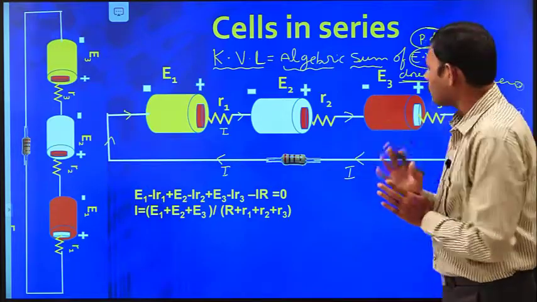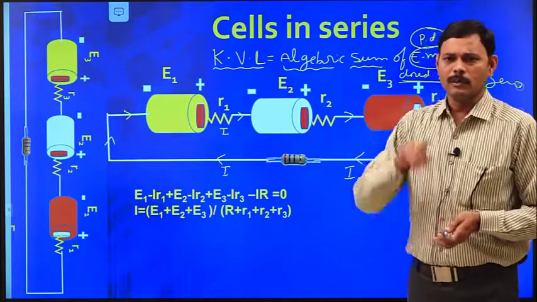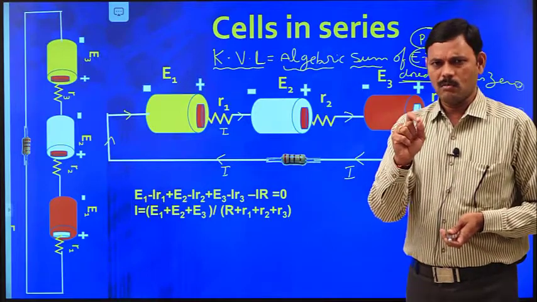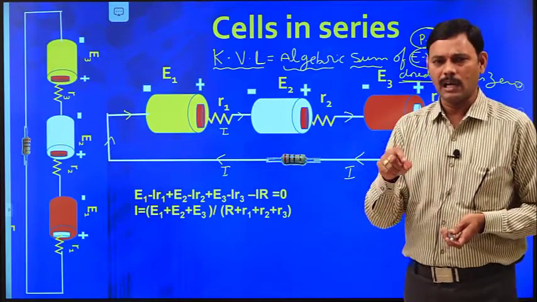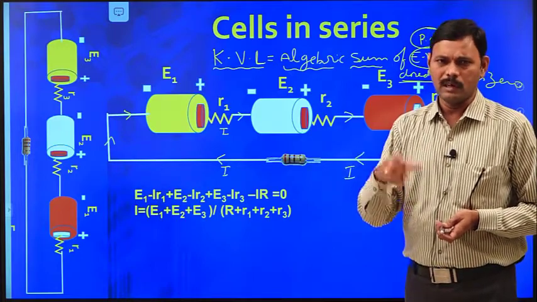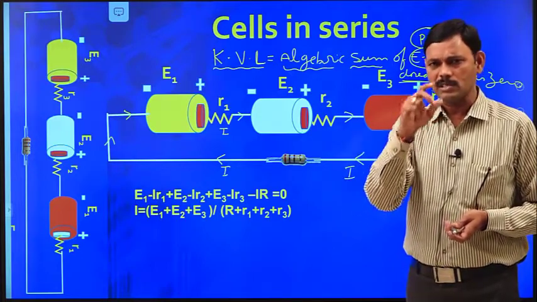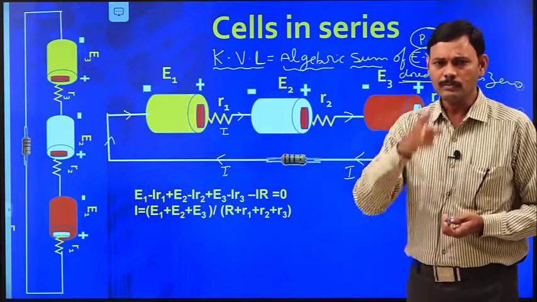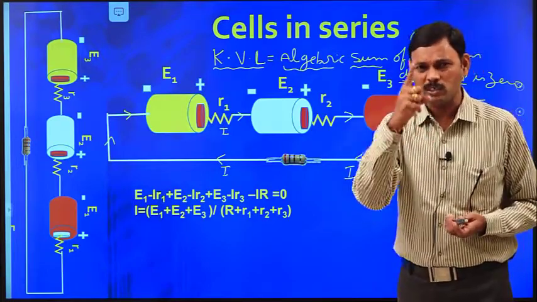So this is a very important point, students. Whatever the device may be, it may be a cell, it may be a resistor, later it may be a diode, if electric devices are connected in series, the same amount of current must pass through them.